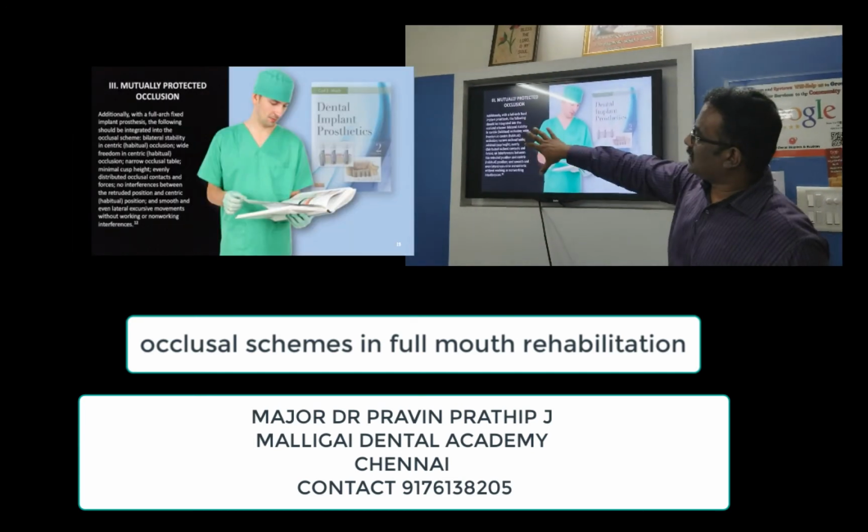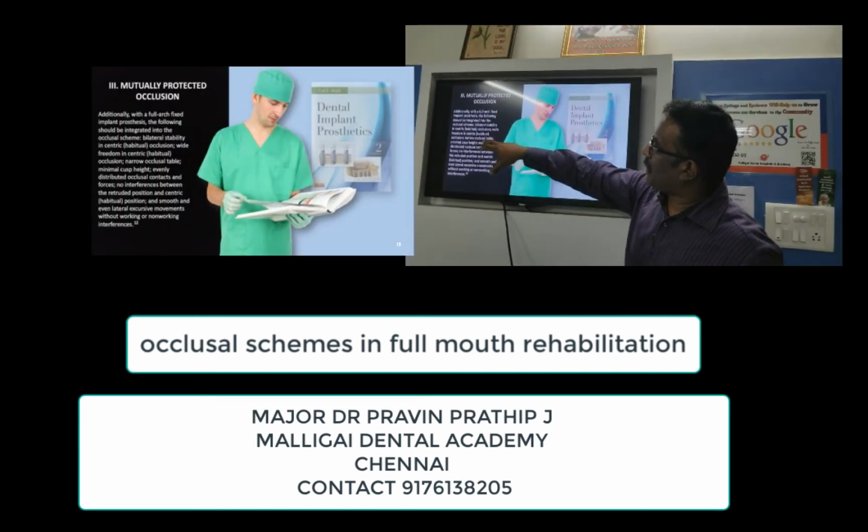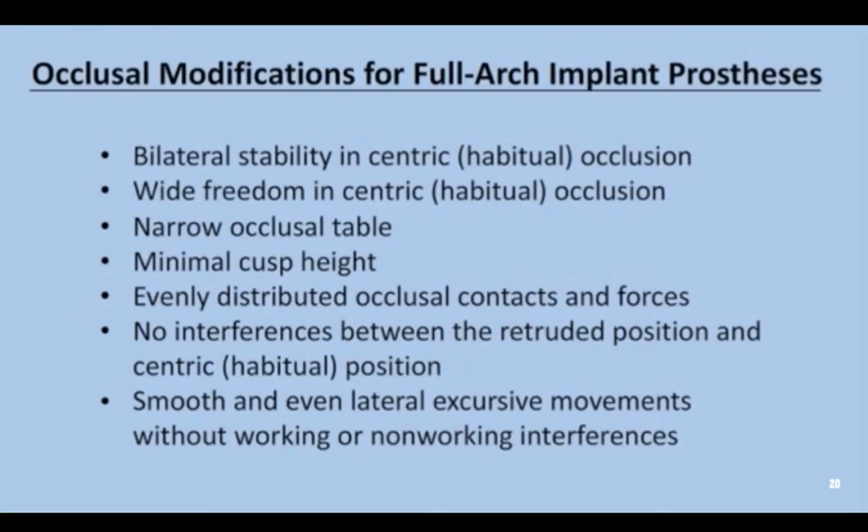Additionally, with the full arch implant prosthesis, the following should be integrated: bilateral stability, wide freedom in centric occlusion, and evenly distributed occlusal contacts. There should not be any interferences between the retruded position and the eccentric position, and smooth and even lateral excursive movements without working or non-working interferences.